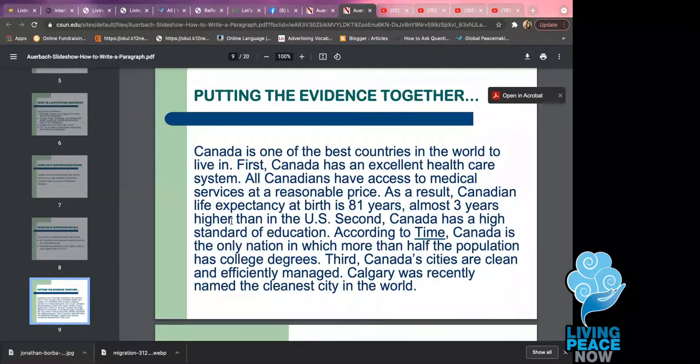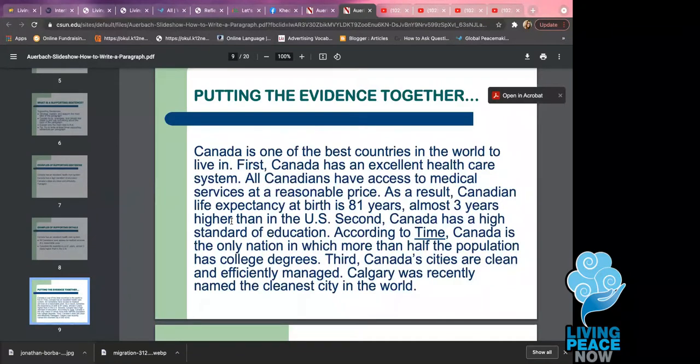Canada is one of the best countries in the world to live in. First, Canada has an excellent healthcare system. All Canadians have access to medical services at a reasonable price. As a result, Canadian life expectancy at birth is 81 years, almost 3 years higher than the US.